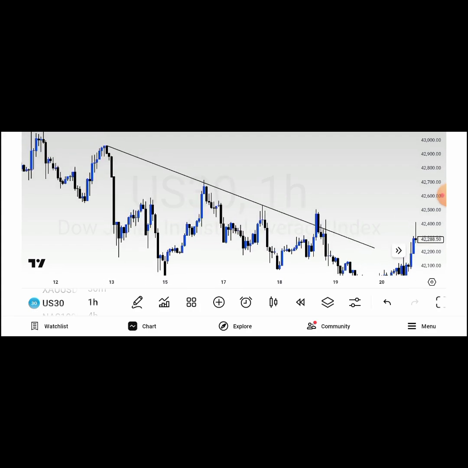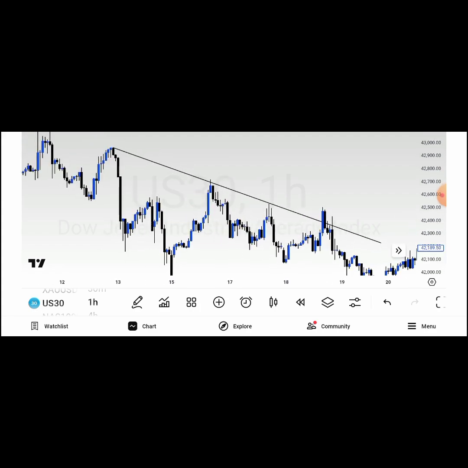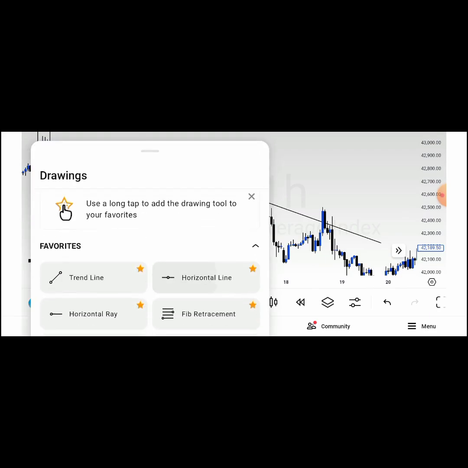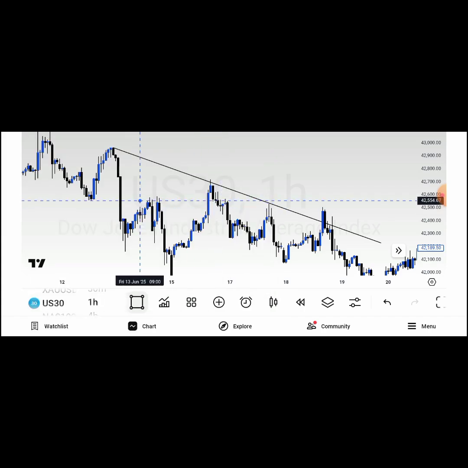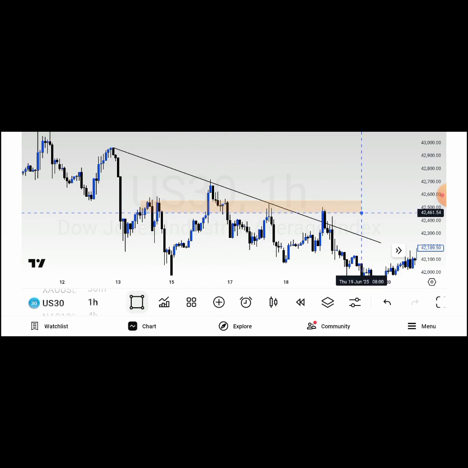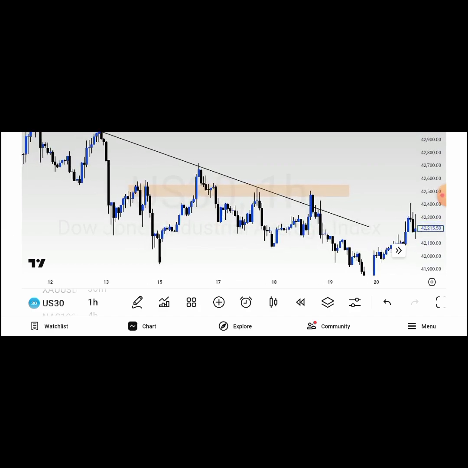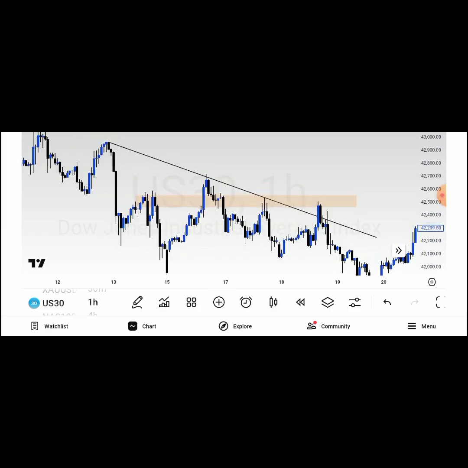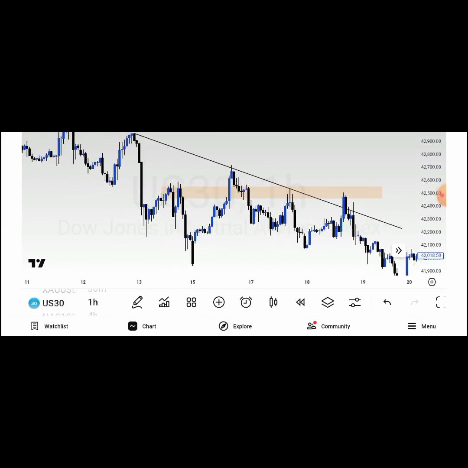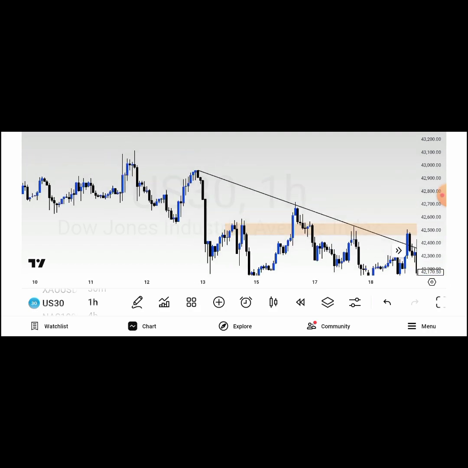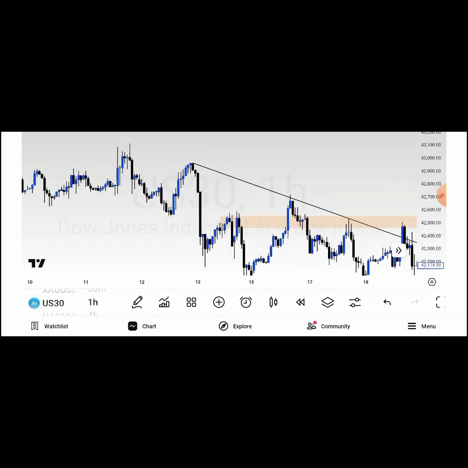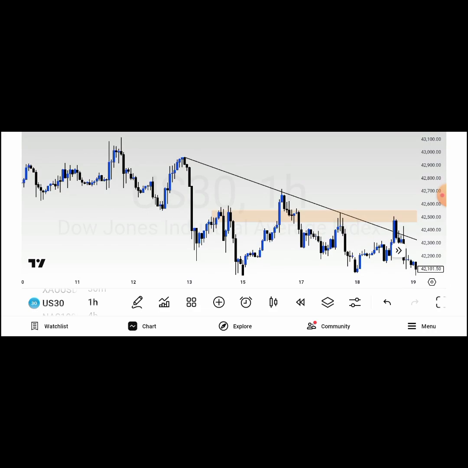In fact, even if you are not trading US30, the strategy I use works on many forex pairs, and I think it also works on crypto. So in case you want to trade crypto, you can also use it. All right. So guys, as you can see, this is how we trade this simple strategy. These are my confluences. I would not want this video to be very long. All right, so this is it.